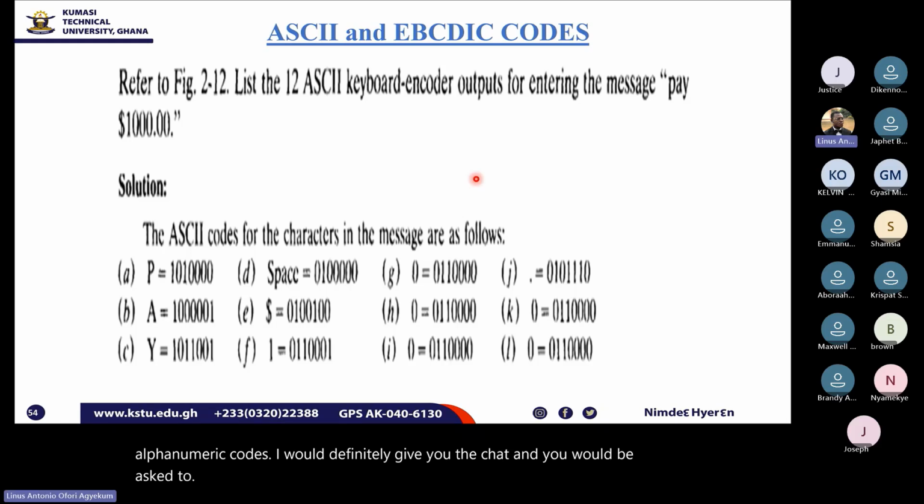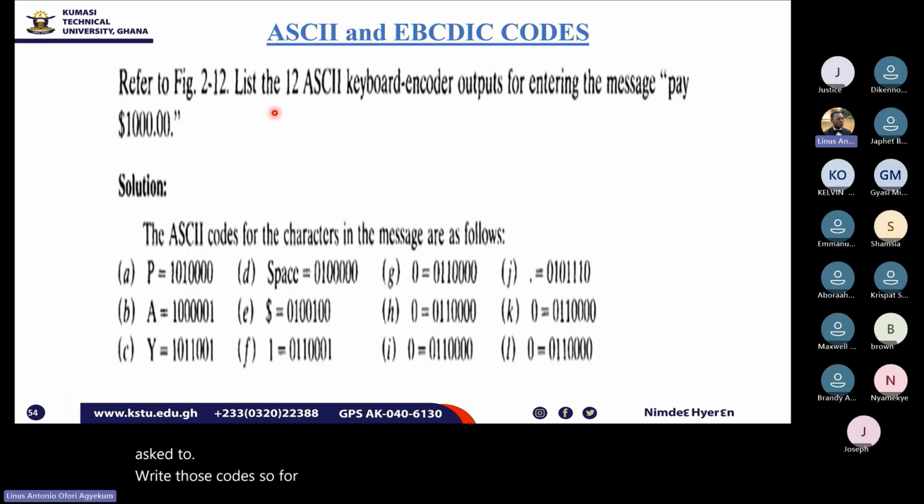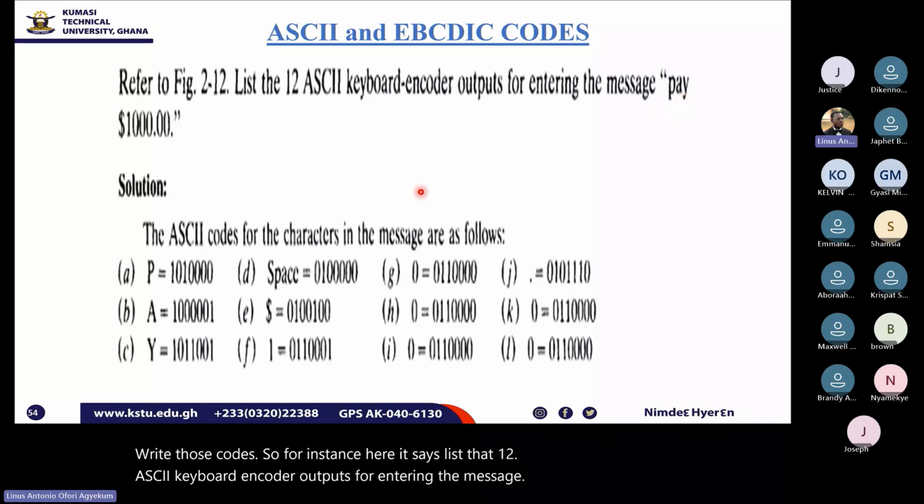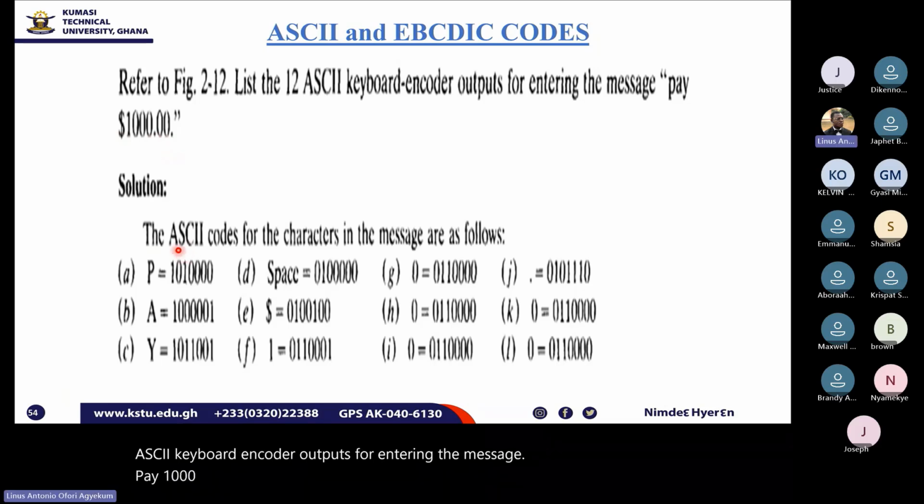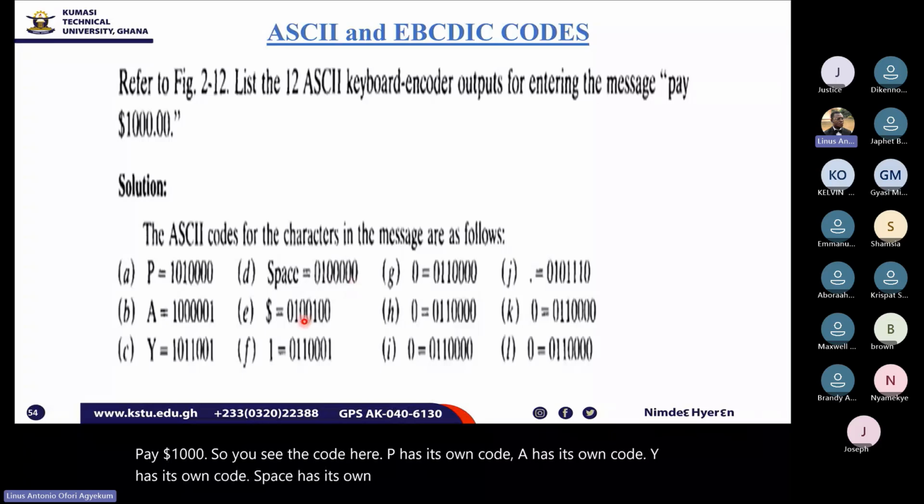So for instance, here it says list the 12 ASCII keyboard encoder outputs for entering the message "Pay $1,000." So you see the code here. P has its own code. A has its own code. Y has its own code. Space has its own code. The $ sign has its own code.